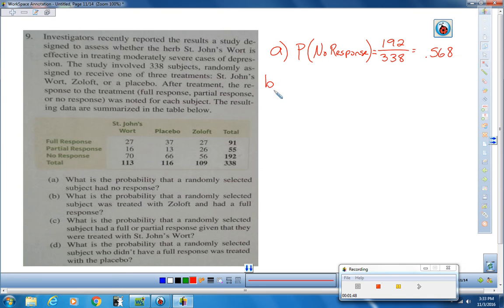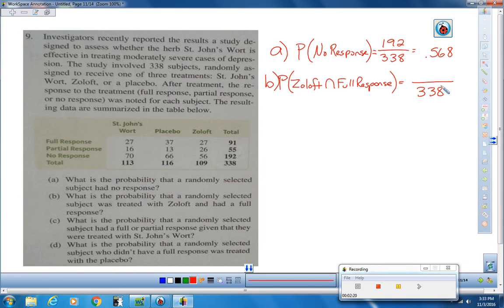For part B, what's the probability that a randomly selected subject was treated with Zoloft and had a full response? Okay, so that's the probability of Zoloft intersection full response. Don't get that confused with the conditional probability. Okay, we haven't reduced our sample space. Our sample space is still the 338 people.